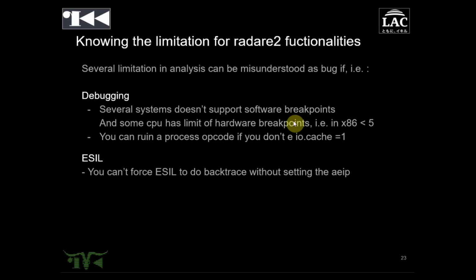And not only about the analysis, but in the plugins there are also several limitations that you have to understand. For example, in the r2dec plugin, you cannot run pdd on non-Intel platforms like MIPS or PPC, because it's just not supported for those platforms.